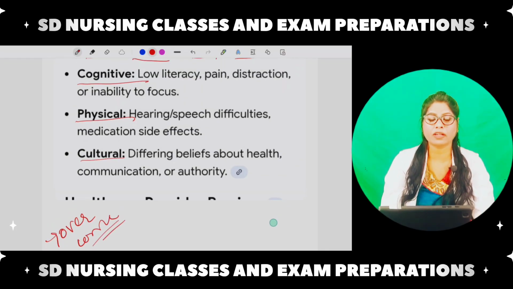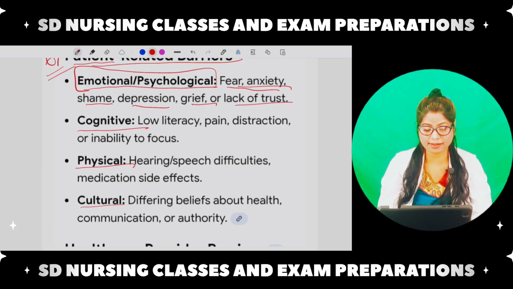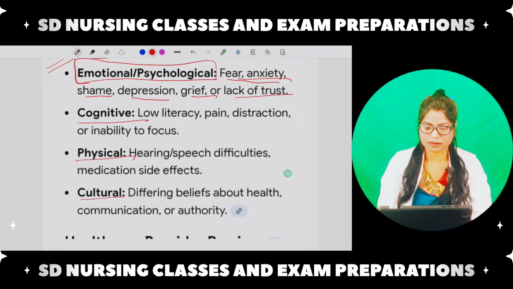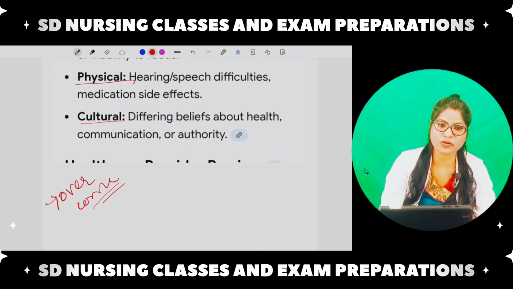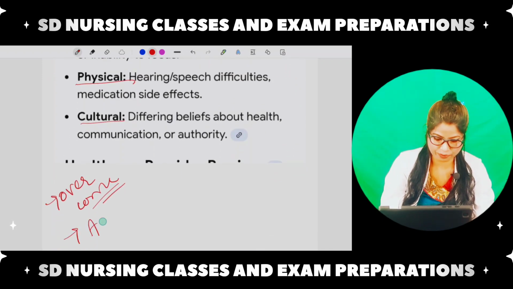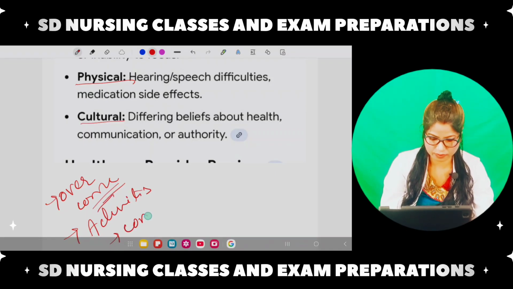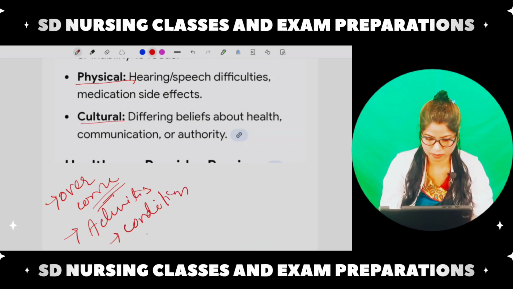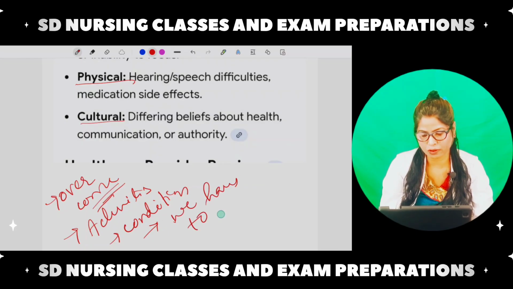What is the overcome? By understanding the patient's activities and conditions, we have to talk to the patient.